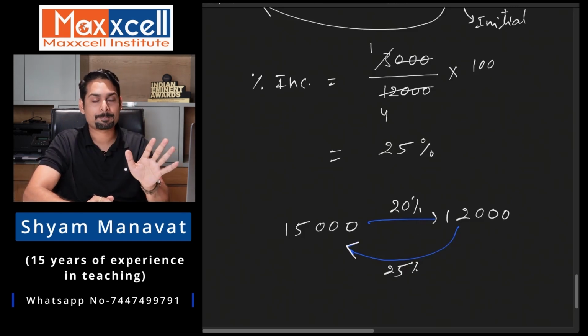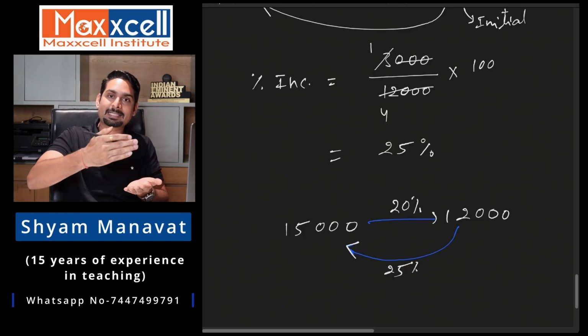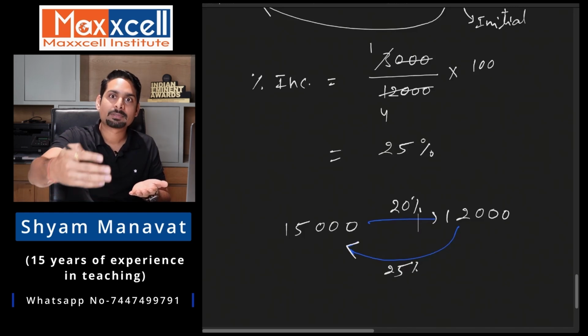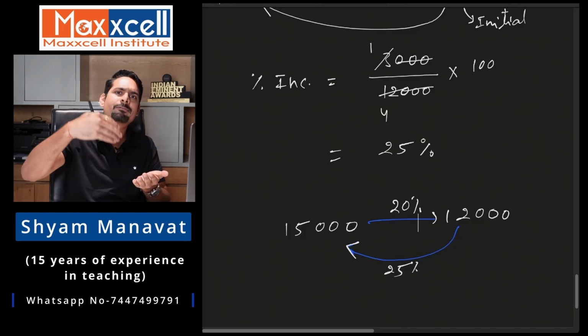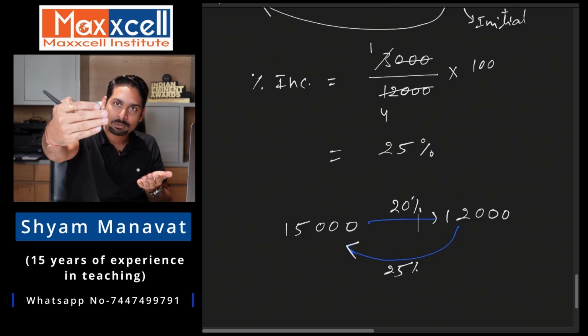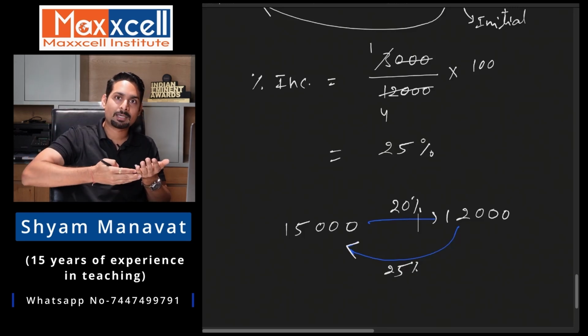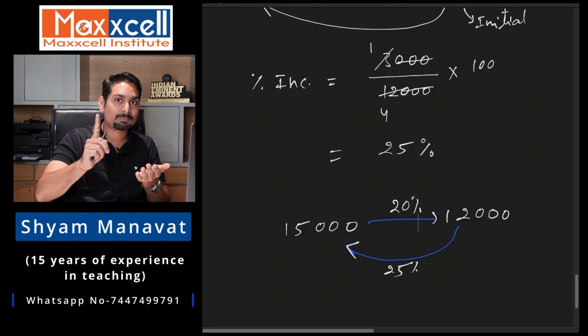It cannot be the same. If a number, forget about salary, let's say a number increased by 50%, now to get back the same number, I cannot decrease it by 50%.